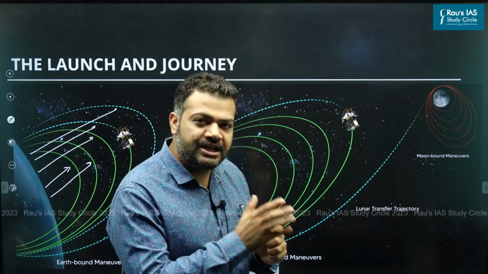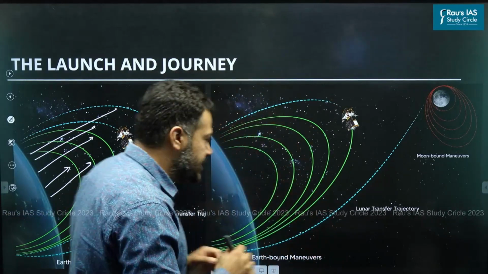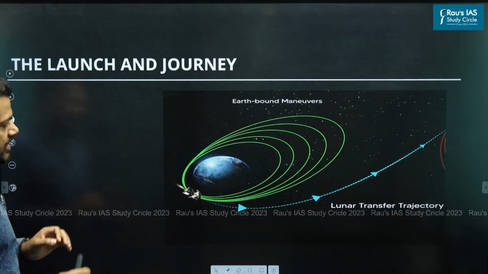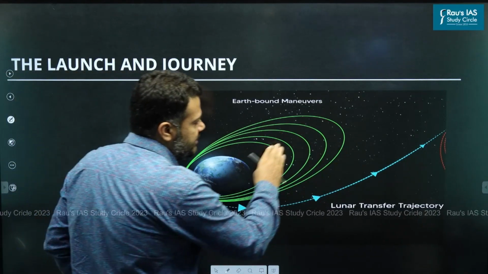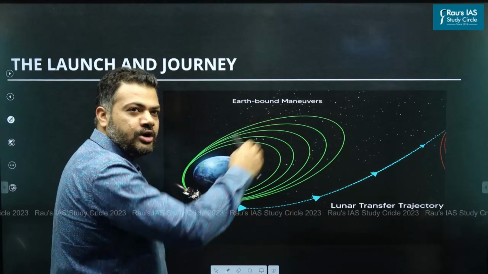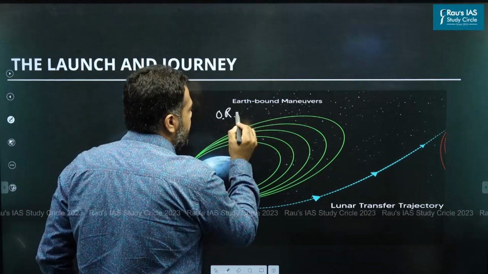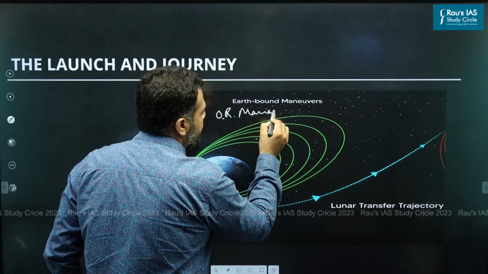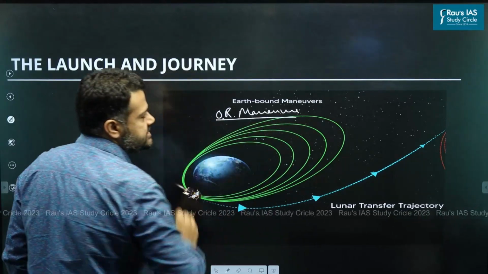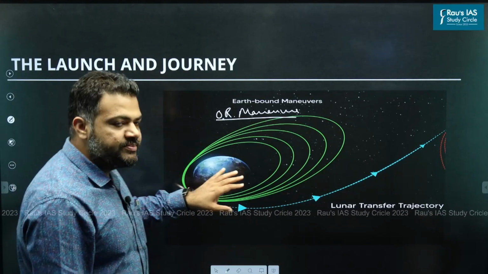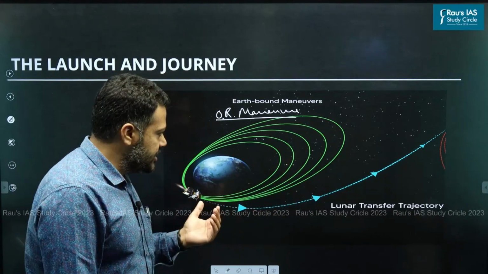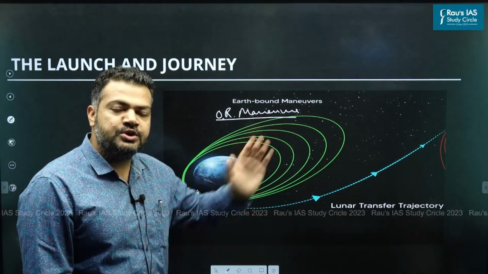You only have to give a direction and then it will leave. So that's when we gave one more push. For 5 times we kept on raising the orbit. We call this the orbit raising maneuver, and it was performed around the planet Earth for 5 consecutive times.